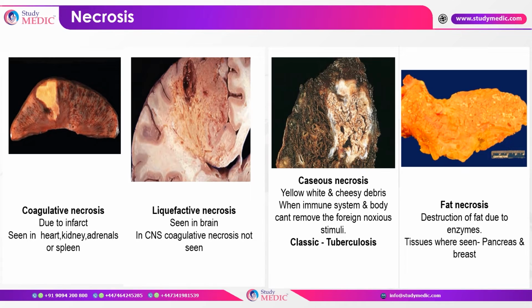Then the next type is caseous necrosis, which you can call a combination of coagulative and liquefactive. The most typical example is tuberculosis seen in the lungs, and it is characterized by yellow and white cheesy debris. Caseous necrosis usually occurs when the immune system and the body cannot remove the foreign noxious stimulus.